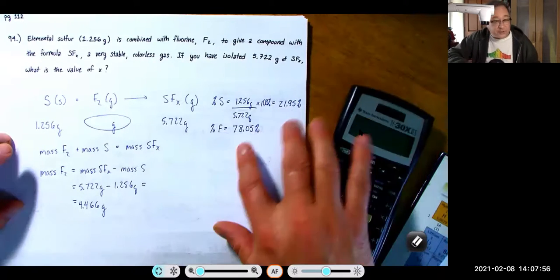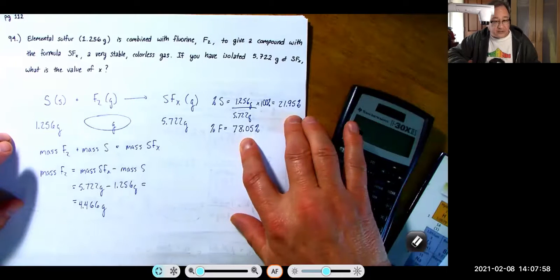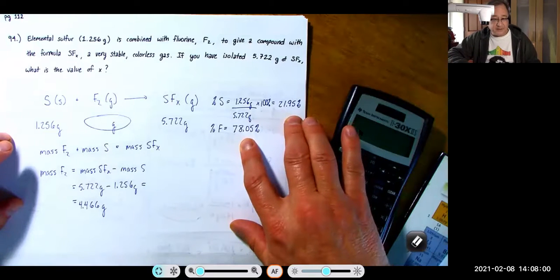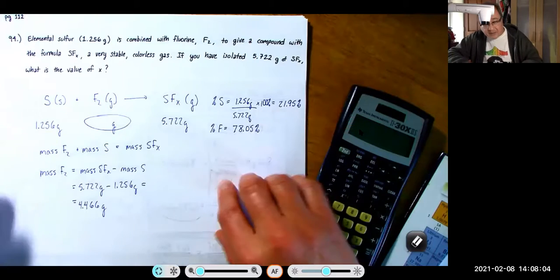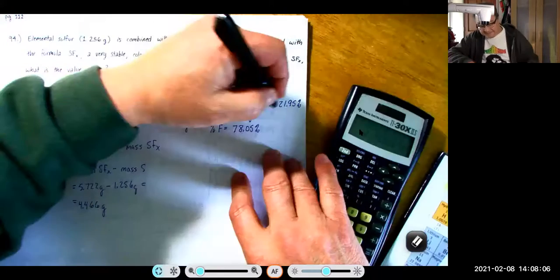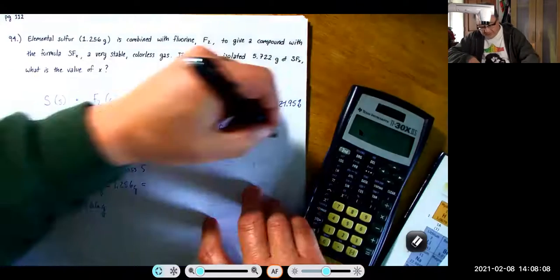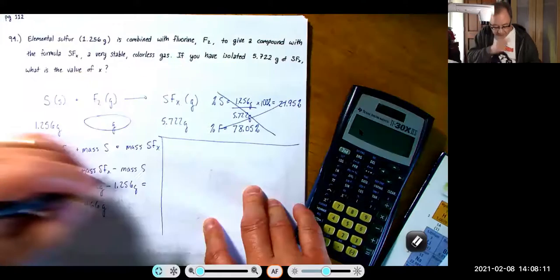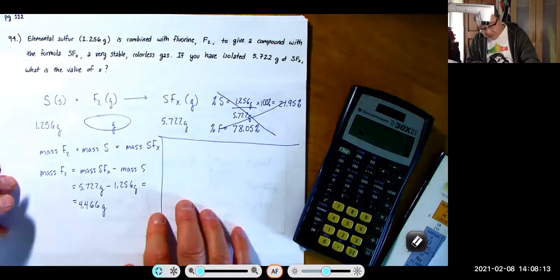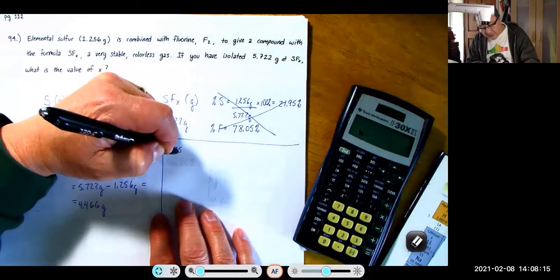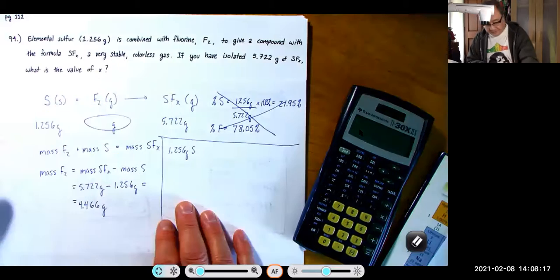So we could take these percentages and do what we just learned how to do, correct? Where we take the percentage and turn it into grams, but we're not going to do that because it's a waste of time. What we're actually going to do is take the 1.256 grams of sulfur and turn that into moles.